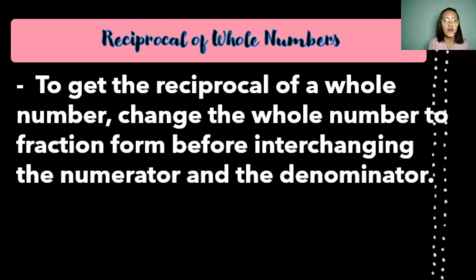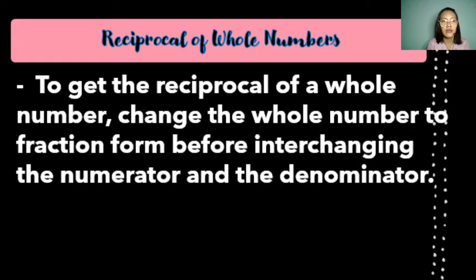So, to get the reciprocal of a whole number, change the whole number to fraction form before interchanging the numerator and the denominator. So, sa ating previous lesson, nabanggit ko doon how to change whole number to fraction form. Lagi pong ang denominator niya ay 1. So, numerator natin yung whole number and then denominator natin is 1.